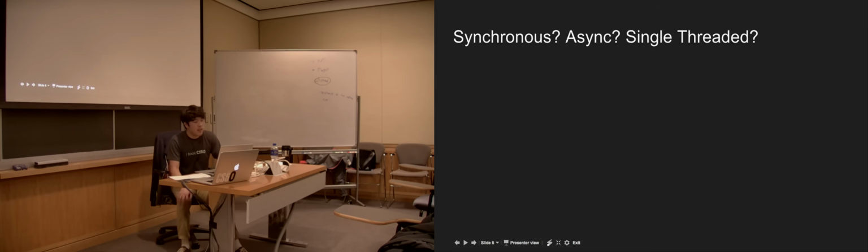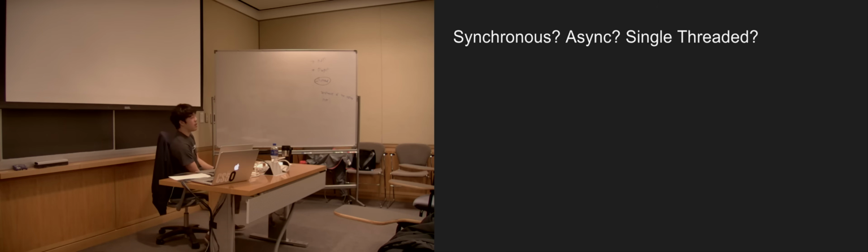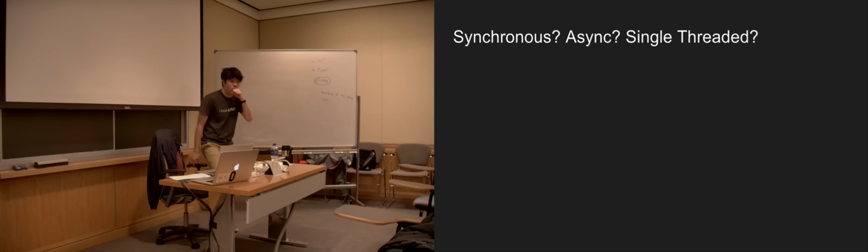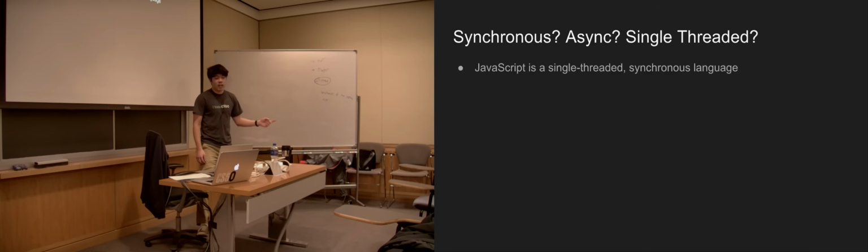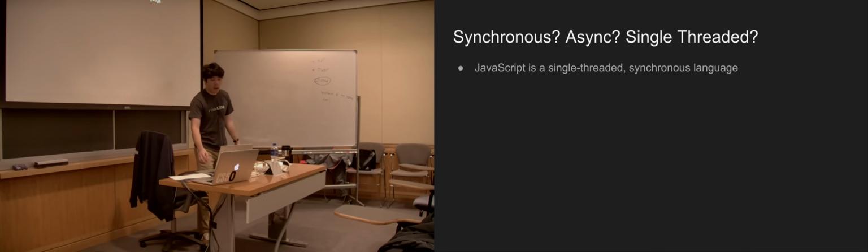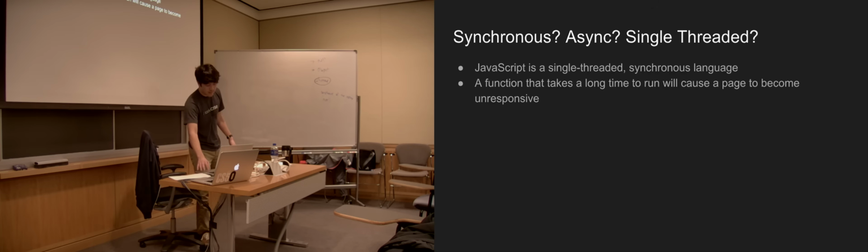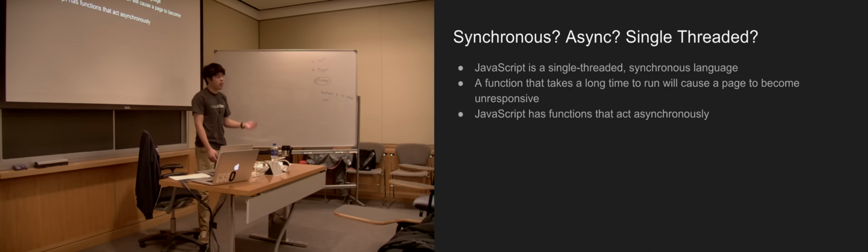And so synchronous versus async, single-threaded, multi-threaded. You may have heard these terms thrown around. Does anybody know which of these terms describes JavaScript? All of them. So JavaScript is single-threaded and it's synchronous, but it also has asynchronous functions as well.